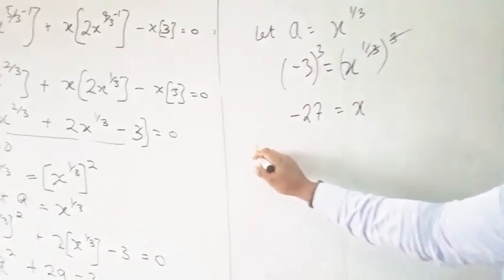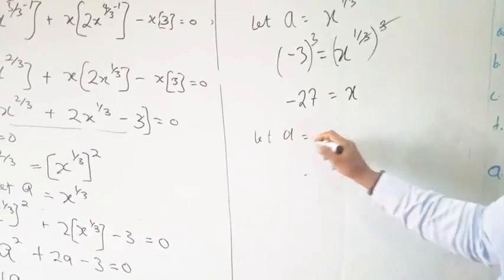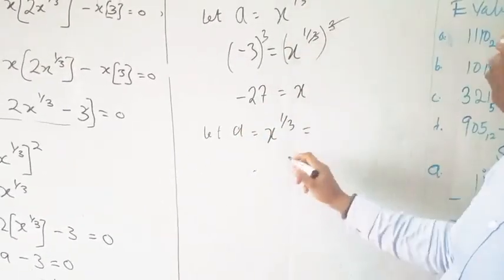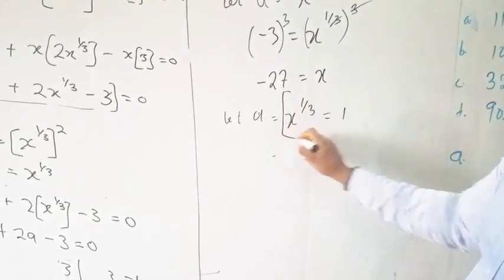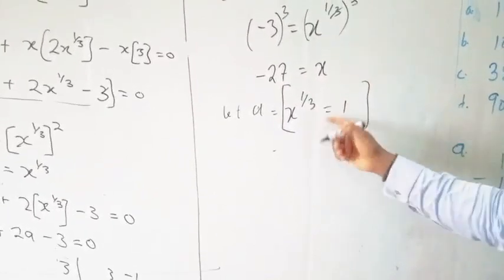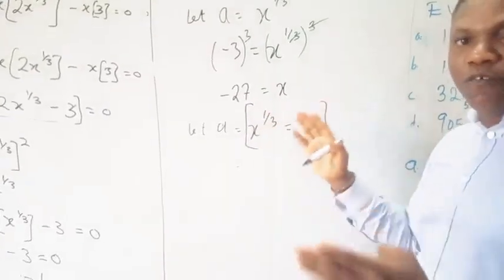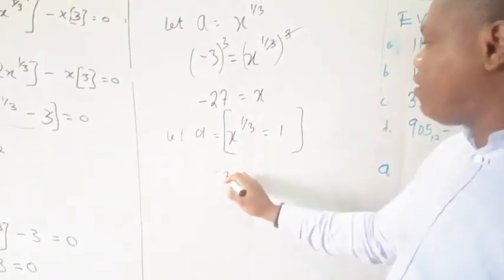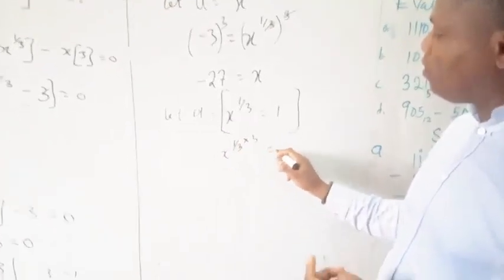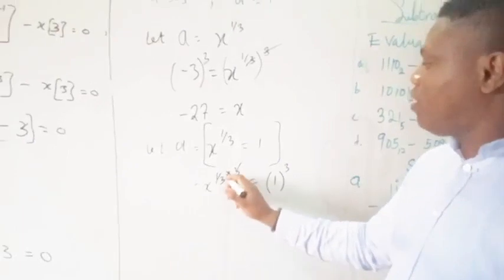Remember we also said that the second value of a is 1, so I can have x to the 1/3 power equals to 1. So let me solve this. Just take the cube of both sides. You will be having x raised to the power 1/3 times 3 equals to 1 all to the power of 3. So this 3 cancels 3.